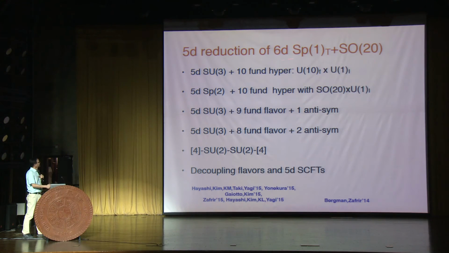So if we start with a 6D theory with Sp(1) with 10 flavors or SO(20) symmetry, it turns out through brane technology, T-duality, S-dualities, and from various starting points, one can get at least five equivalent 5D theories. So one can have Sp(3) with 10 fundamental hypers, or Sp(2) with 10 fundamental hypers, and so on. Or Sp(3) with 9 fundamental plus 1 antisymmetric hyper, and they have all different brane origins.